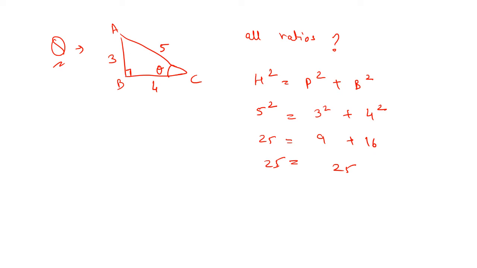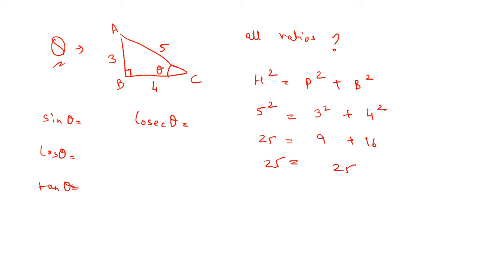Now let's find out the ratios. First is sine theta, then cos theta, then tan theta, and the opposite of them, which are cosec theta, sec theta, and cot theta. I am repeating again and again so that you become familiar with these words.